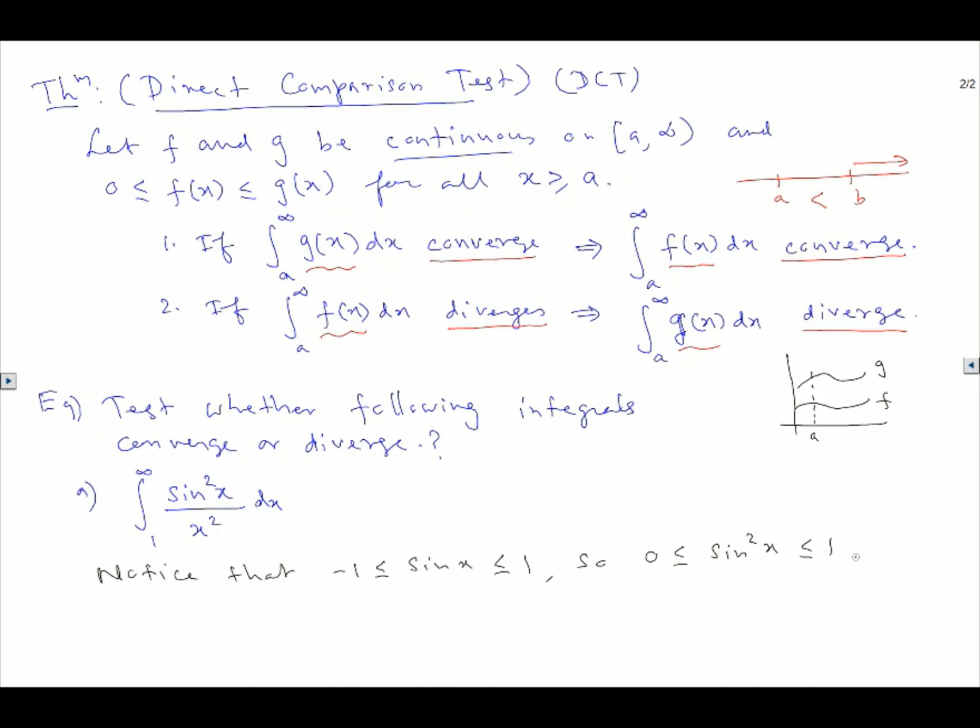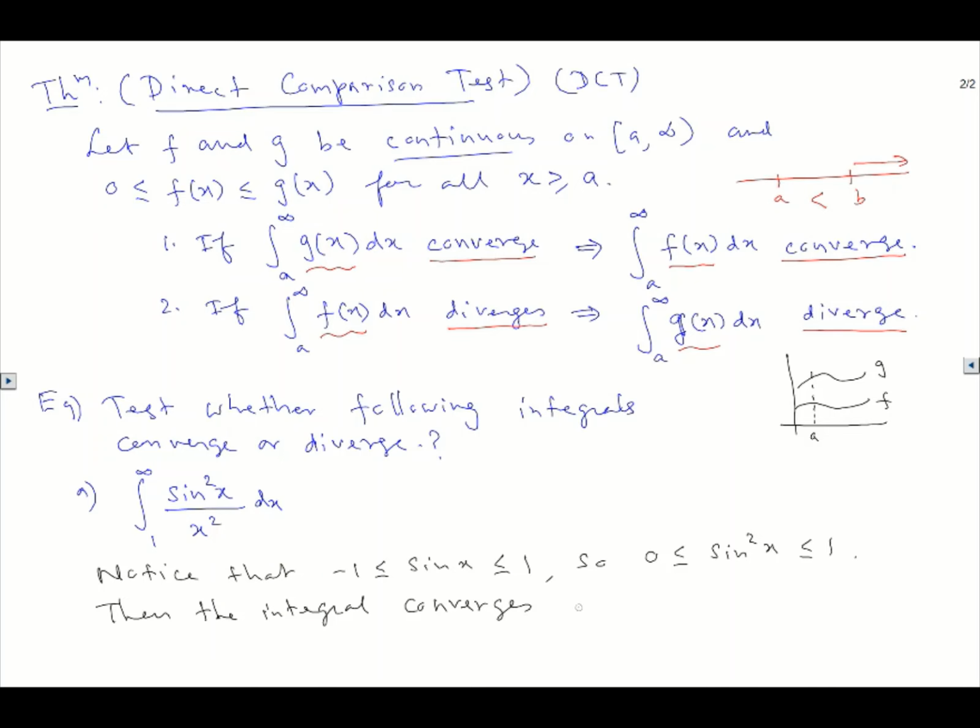Because of that, what's going to happen? Then the integral converges.